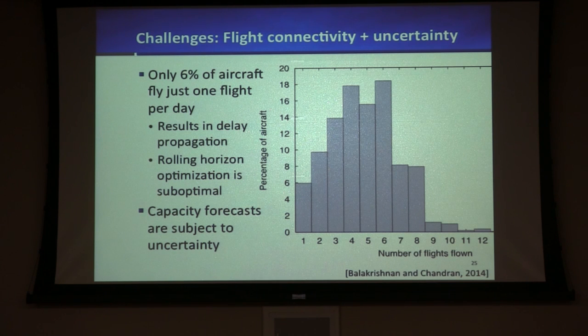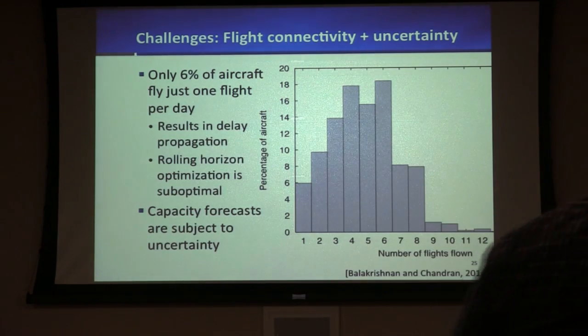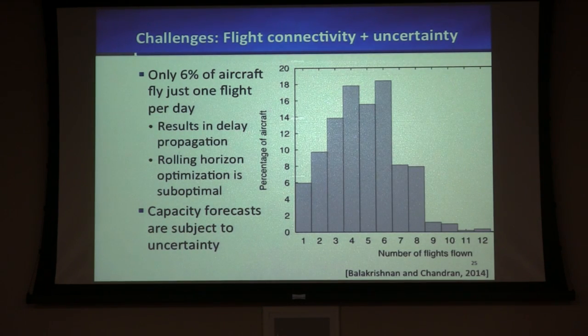Now, if you think about optimizing this network, there are two things that make the optimization hard. The first is what I talked about earlier, namely the incredible amount of connectivity that's there in the system. It turns out that only about 6% of the physical aircraft in the system fly just one flight a day. Most aircraft fly between 4 and 6 flights.